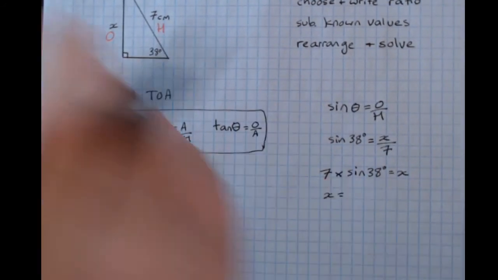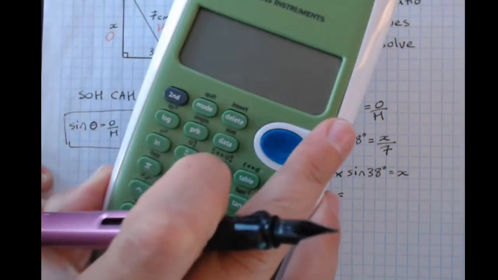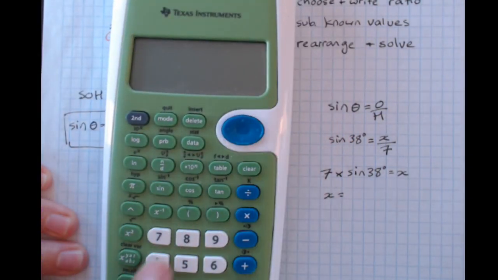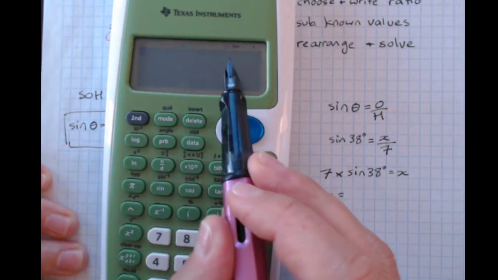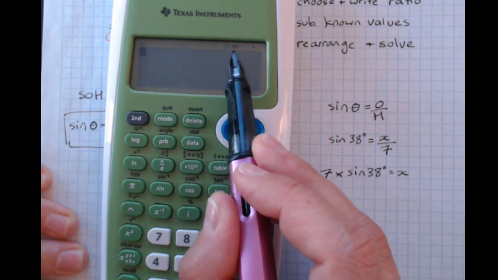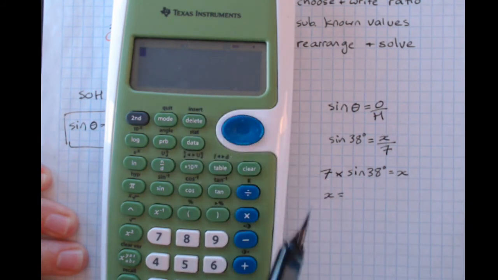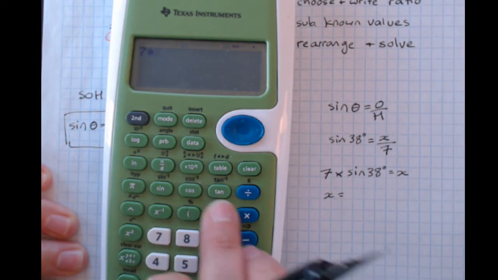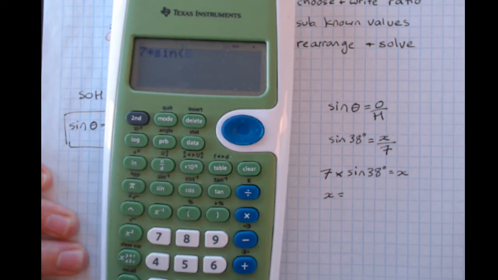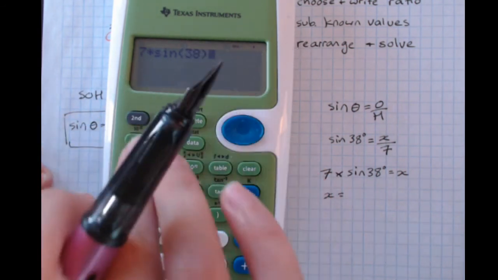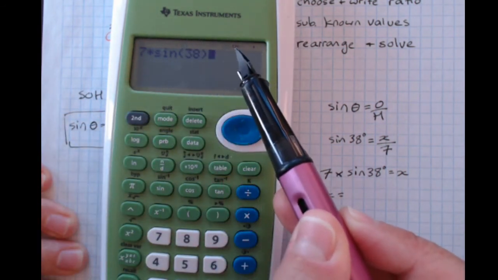I say x equals, I get my calculator, I make sure when I turn it on that it says DEG or degrees up here, and I do 7 times sine 38. You don't need the degrees sign in your working because that's what this is saying.